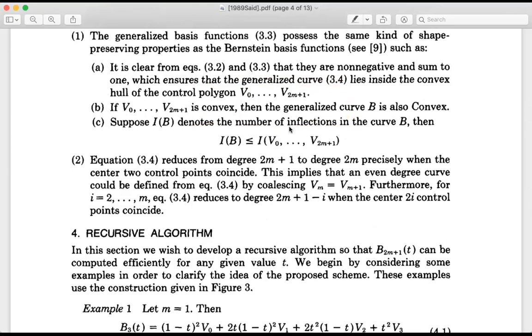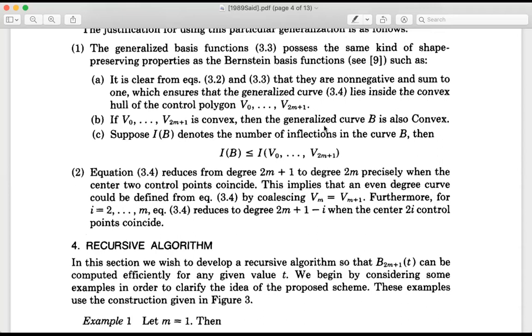And if you want to find the Ball polynomial of even degree, you may have to do the same thing as I've just told you, that you can get the two middle polynomials.